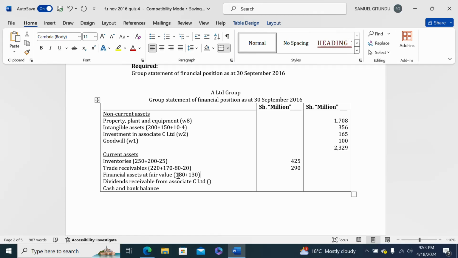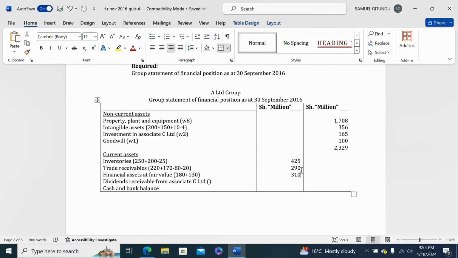If we add them, we are getting 310 million.